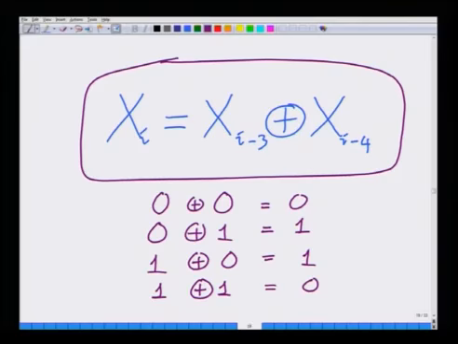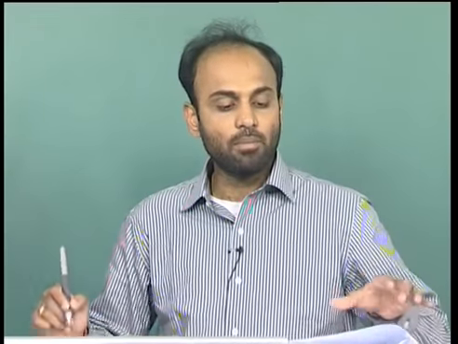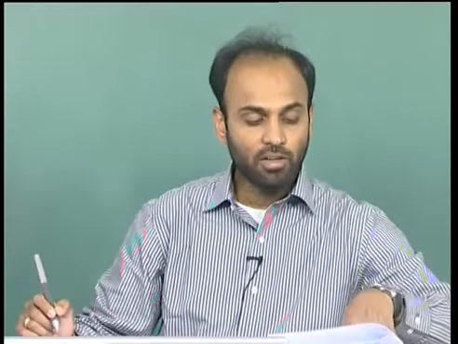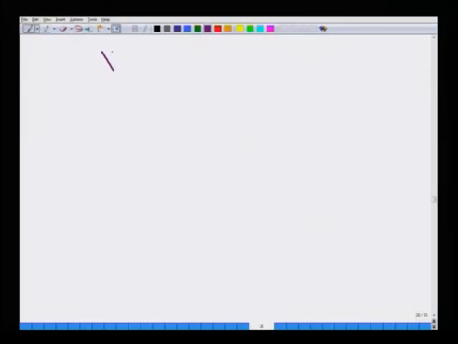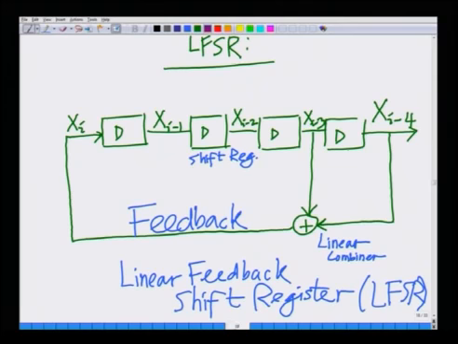Now, let us look at the operation of the linear feedback shift register implementing this feedback equation. Let me write down a table here, starting with xi minus 1, xi minus 2, xi minus 3. Before I start that, let me denote this xi minus 4 as the output.